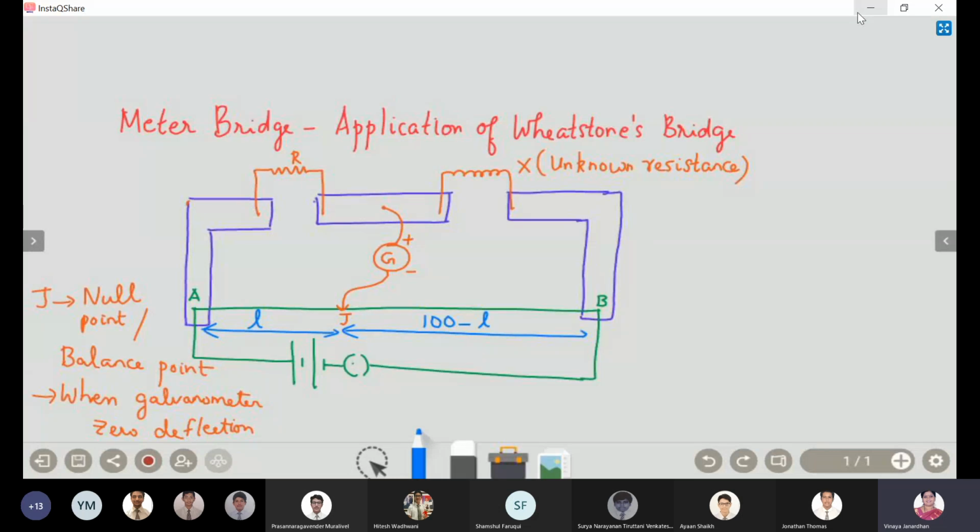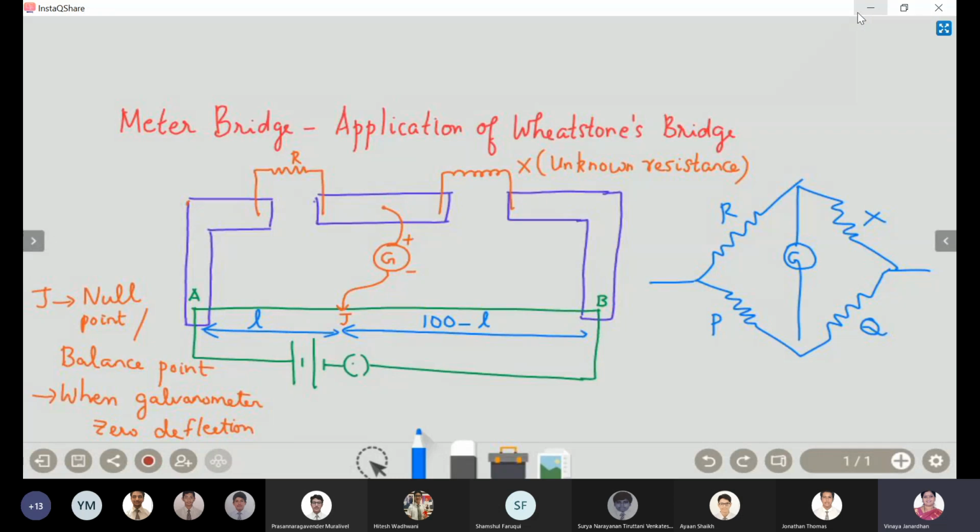Have you done this? Now, how is it termed a Wheatstone's bridge? You need not draw the Wheatstone's bridge, but I am roughly drawing it to show how it acts like one. This will be P, this is Q, this is R and X. You have a galvanometer showing zero deflection.